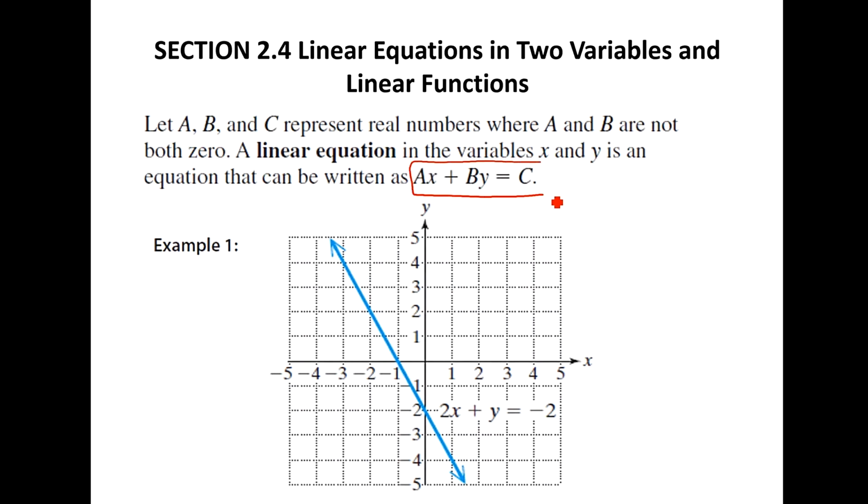How can we verify or how can we know this is linear? كيف أعرف إنه هذا المعادلة this is the equation for the linear? How can we know this ax plus by equals c is linear?